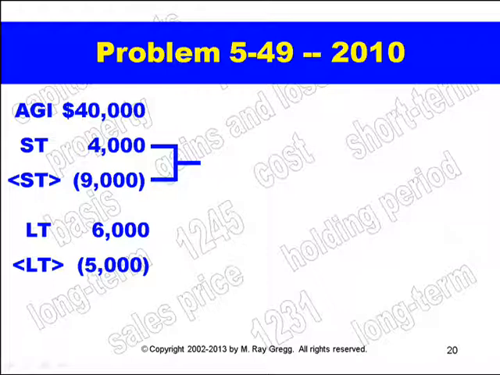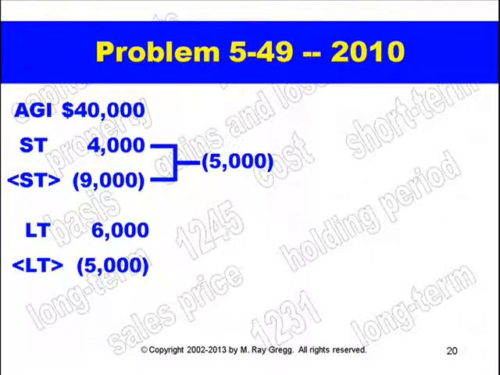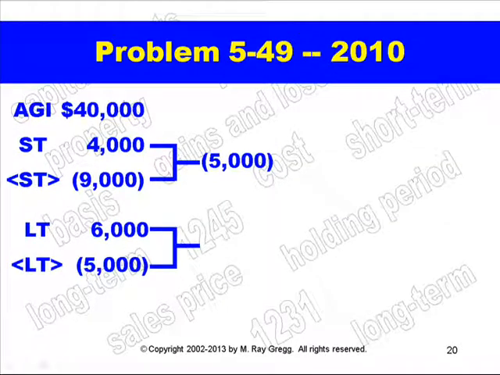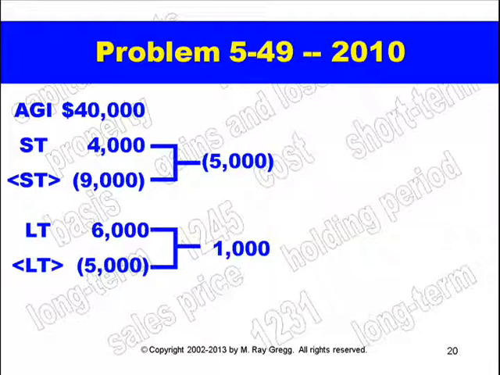When you net those two, 4,000 gain minus 9,000 loss, you get a $5,000 short-term capital loss. We also need to combine the two long-term items. A $6,000 gain with a $5,000 loss comes out to be a $1,000 gain.